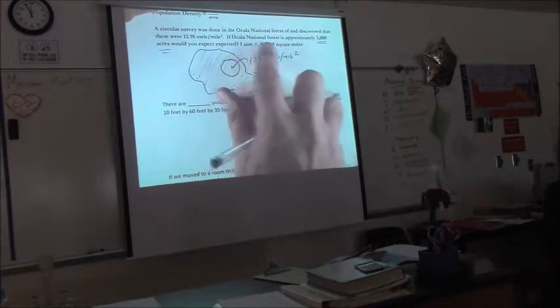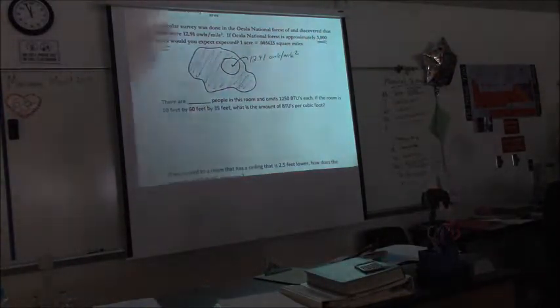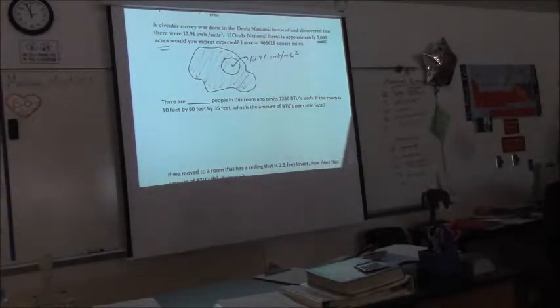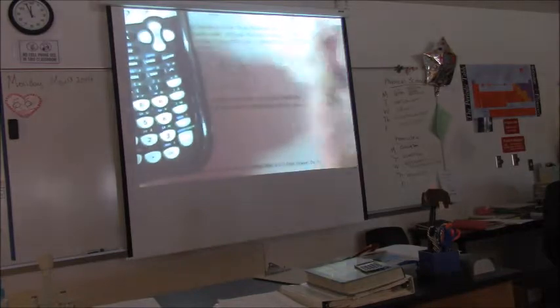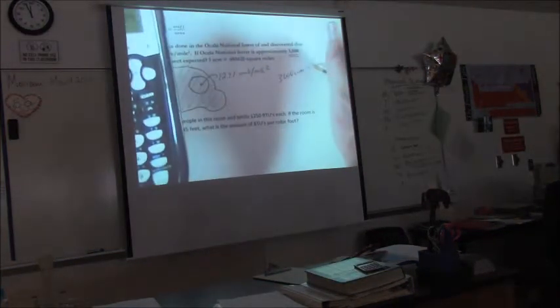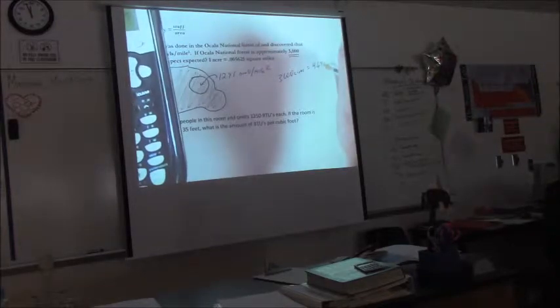So if it's 1 acre for this many square miles, how many would 3,000 acres be? So that's a multiplication problem, right? Let me pick a number that's better. So it's about 4.68 square miles. 3,000 acres is roughly 4.69 square miles.